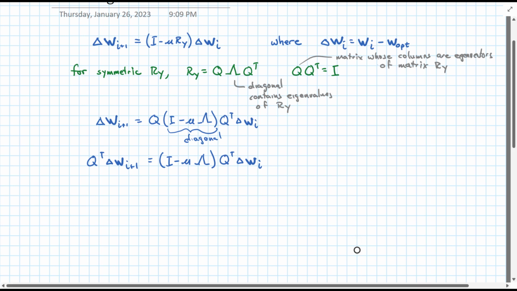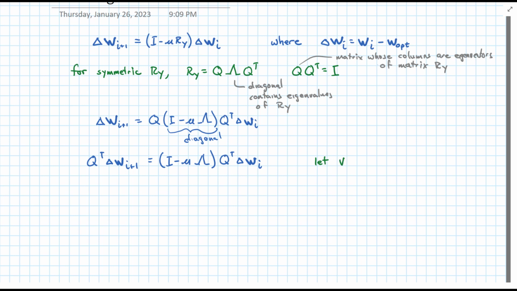So we'll do a simple substitution, and we'll just say a new vector, V i, is equal to Q transpose delta W i.